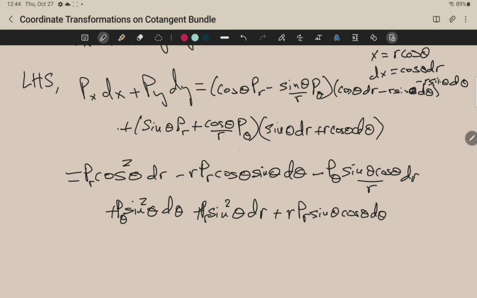And then the third term, p theta cosine theta sine theta over r dr. And then the last term, the r cancels, so you get p theta cosine squared theta d theta.